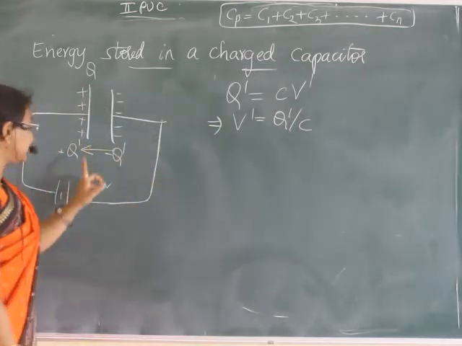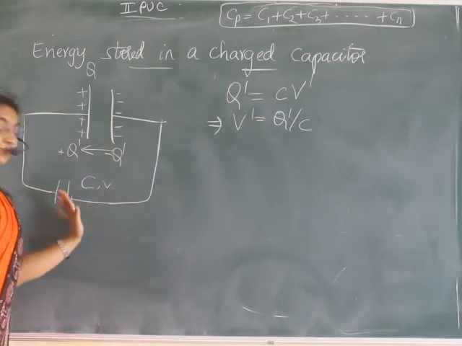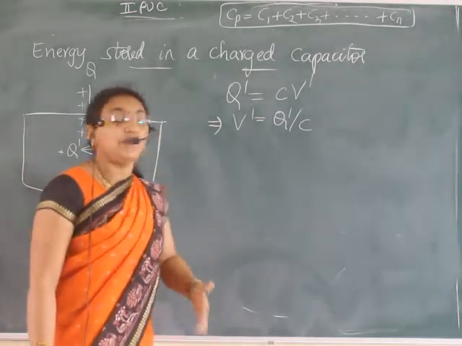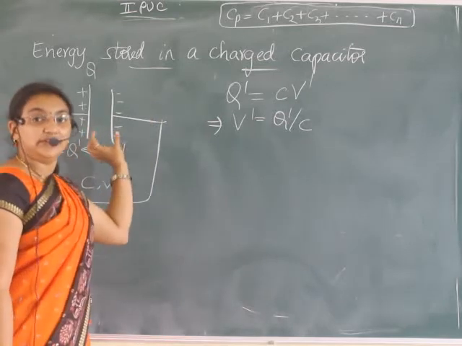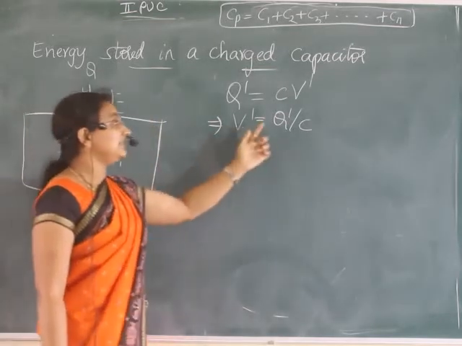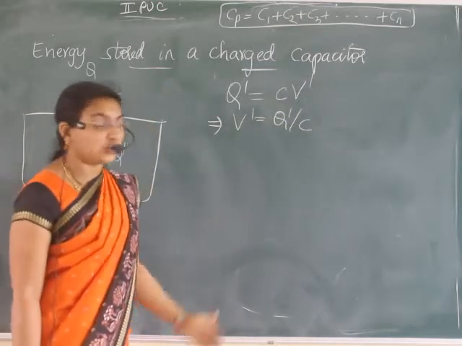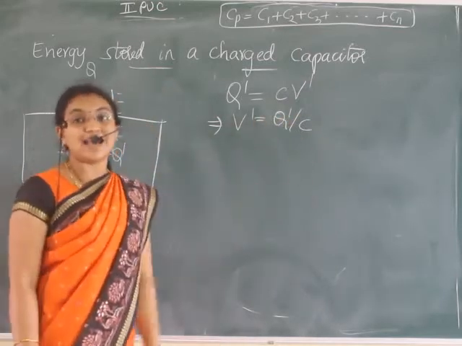When it is fully charged, the potential difference is V. Now it is charging, and there is a potential difference V dash across the two plates. So Q dash is equal to CV dash, or V dash is equal to Q dash by C.